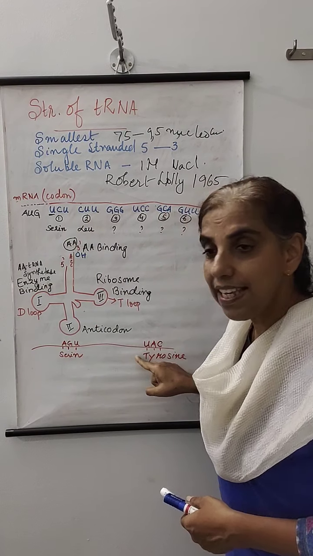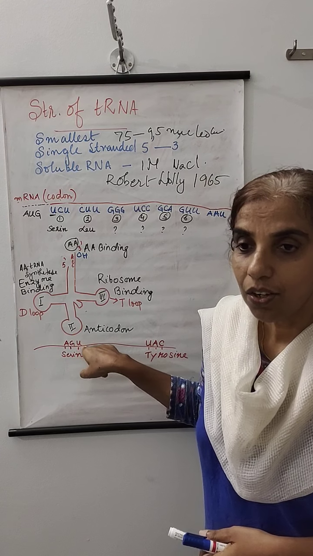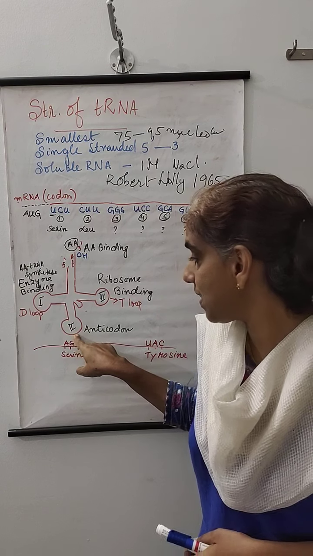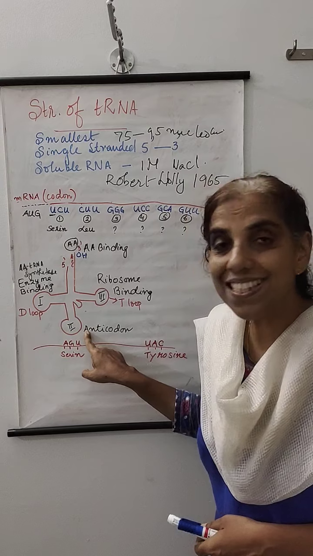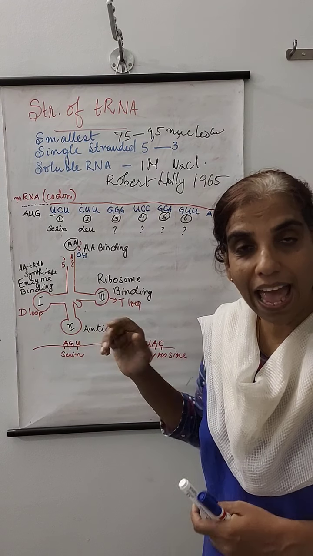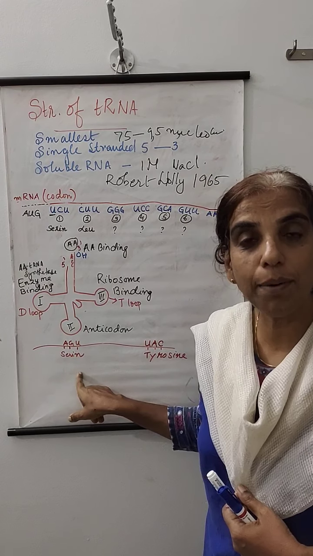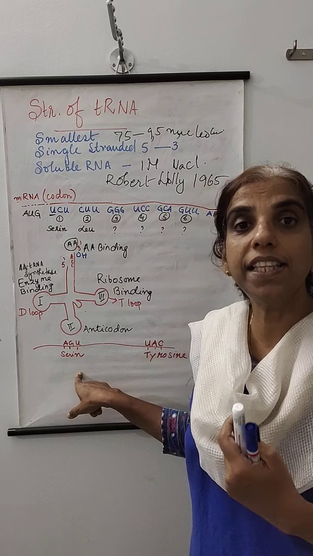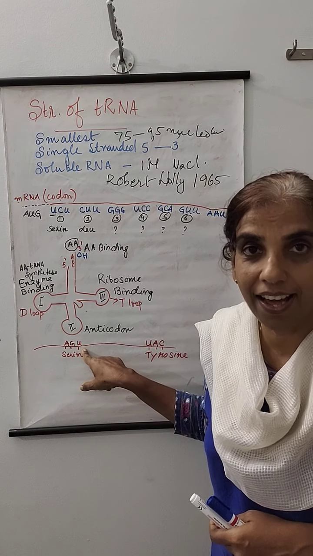When we see this codon, we can see it is complementary to the anticodon. Anti means against, so this anticodon will always be opposite and complementary to the codon of messenger RNA.